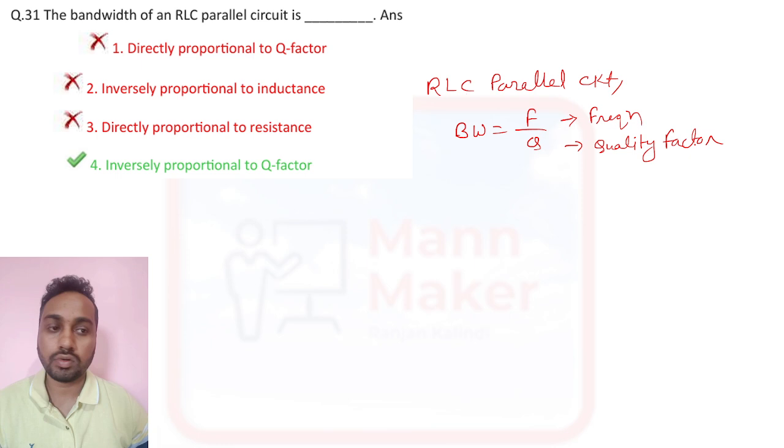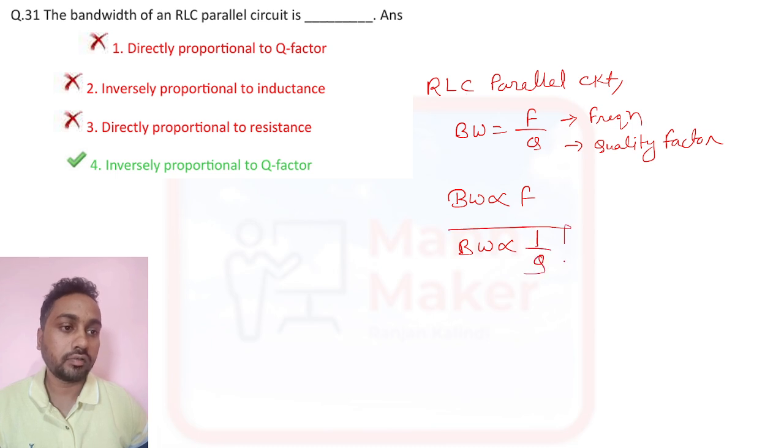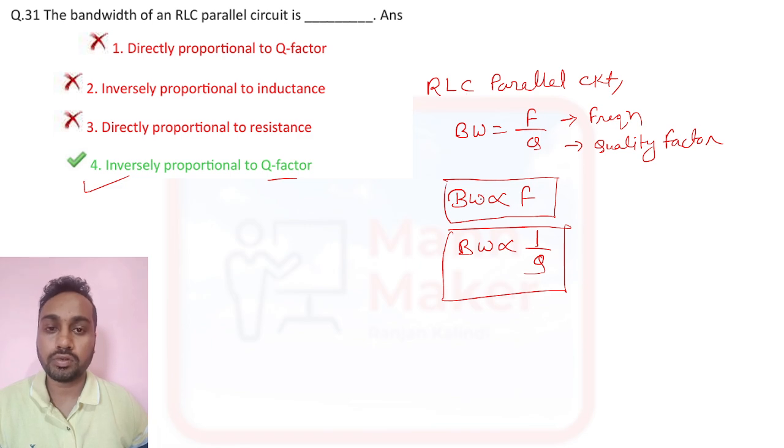From here we can say bandwidth is directly proportional to frequency, and inversely proportional to the quality factor. If they ask with respect to frequency, then bandwidth is directly proportional to frequency. Like that you need to give the answer.